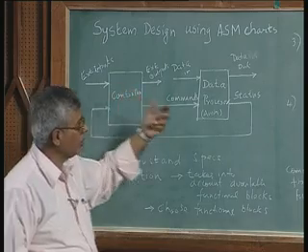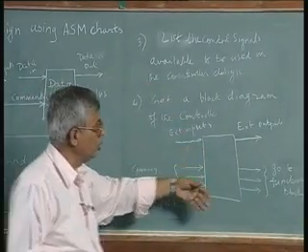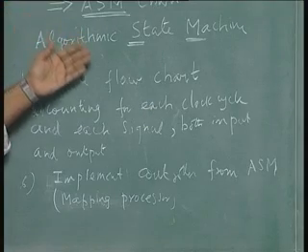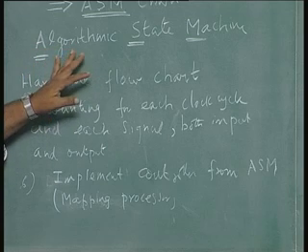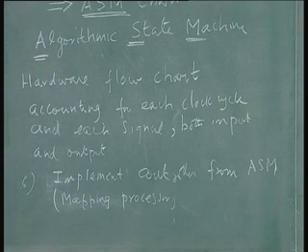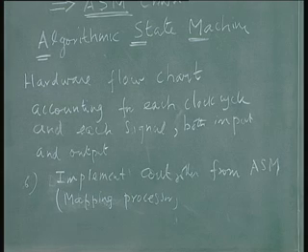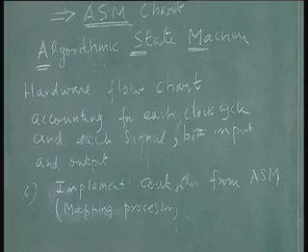When you go to the controller, after identifying the input and output, you can write an algorithm or a procedure for carrying out the control process by a chart known as an ASM chart, which is very similar to a flow chart, but more detailed, more cycle specific, more hardware specific.